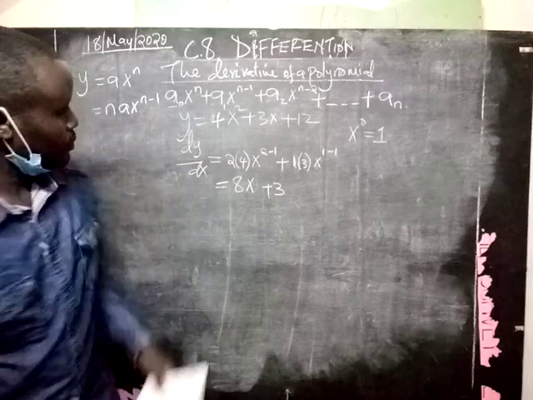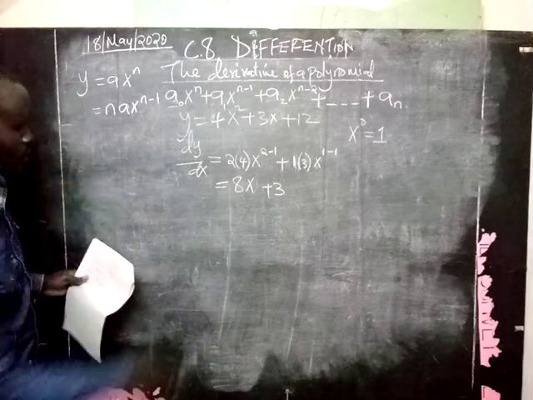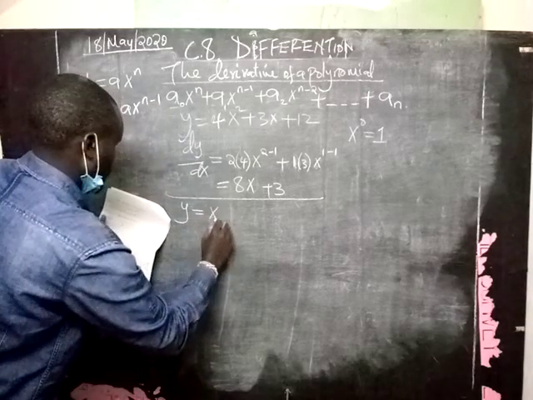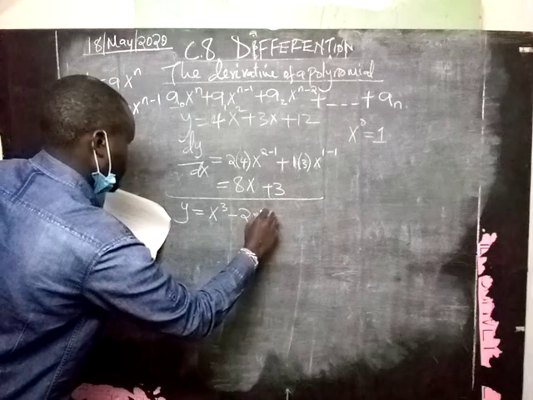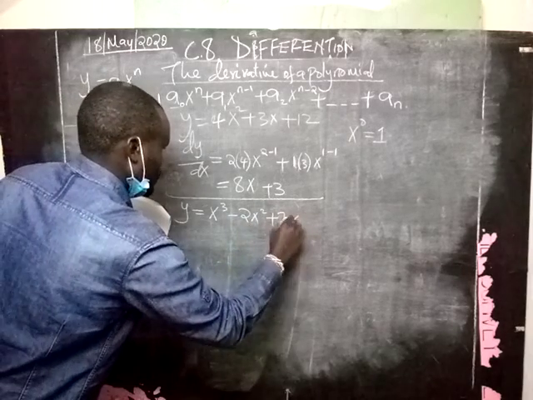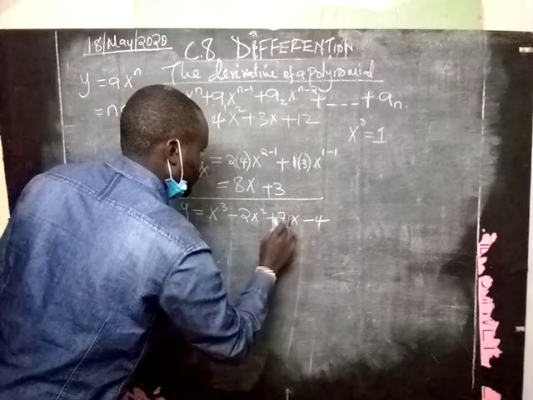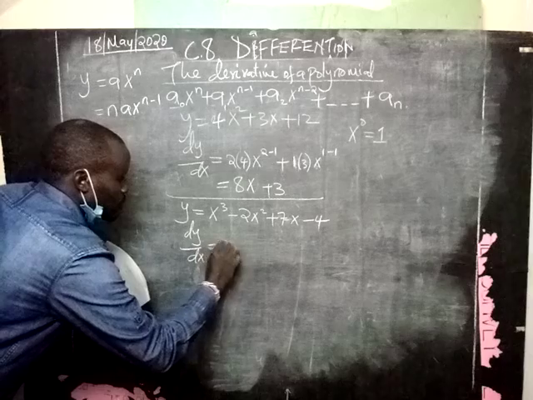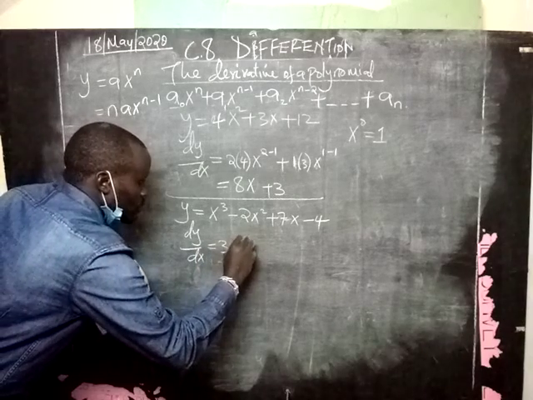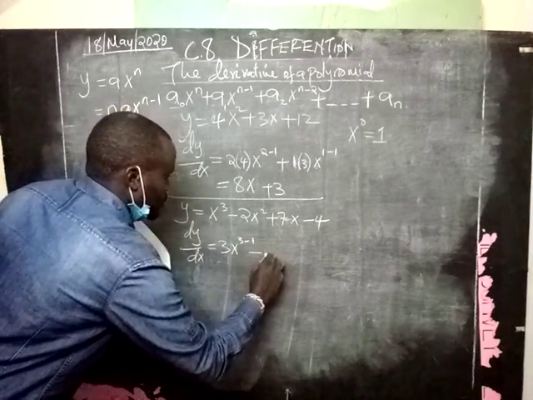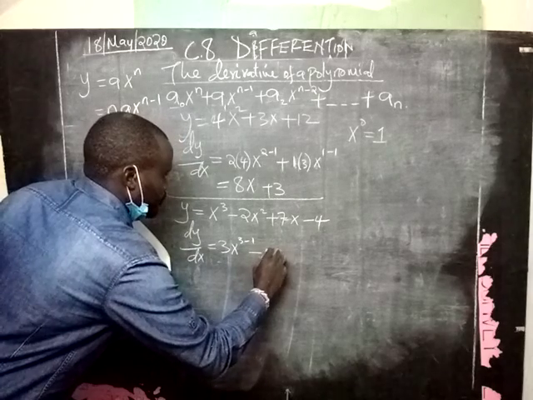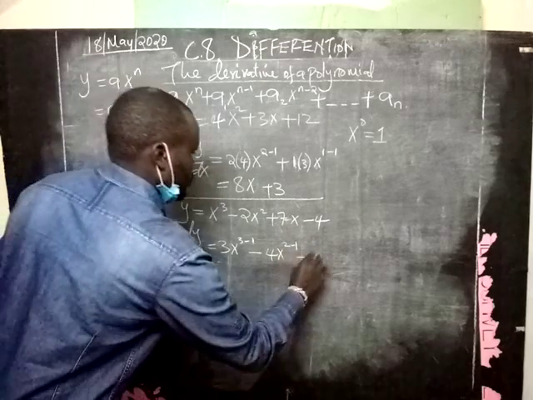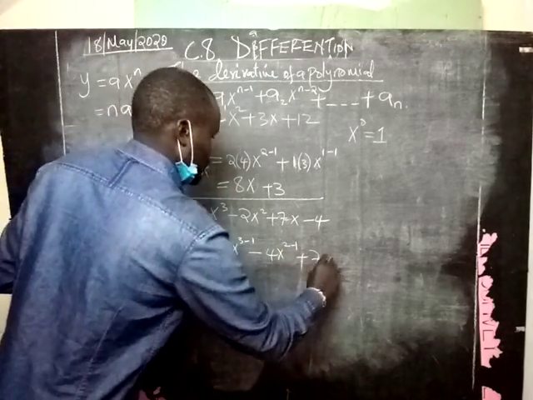So we can have another example, y equals x raised to 3 minus 2x raised to 2 plus 7x minus 4. We're going to say dy over dx equals 3x raised to 3 minus 1, minus 4x raised to 2 minus 1, plus 7.